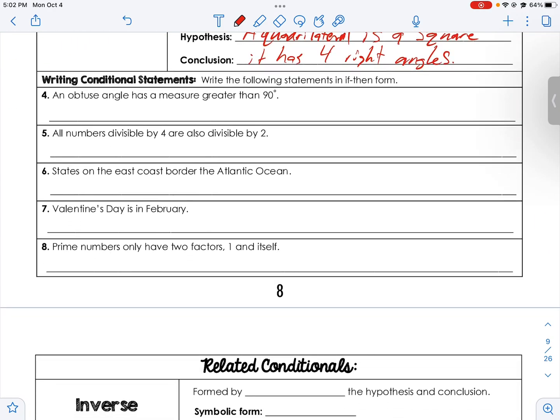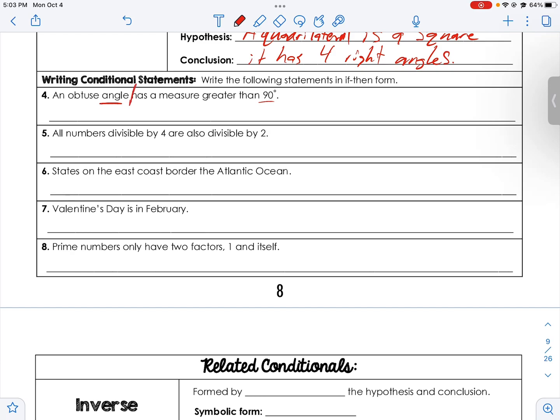Okay, so let's look. Writing conditional statements: write the following statements in if-then form. This part gets a little tricky because you've got to turn something that doesn't have an if-then statement into something that does. An obtuse angle has a measure greater than 90. You're going to end up repeating parts of these things. So we could say this is all about an angle and then its measure.